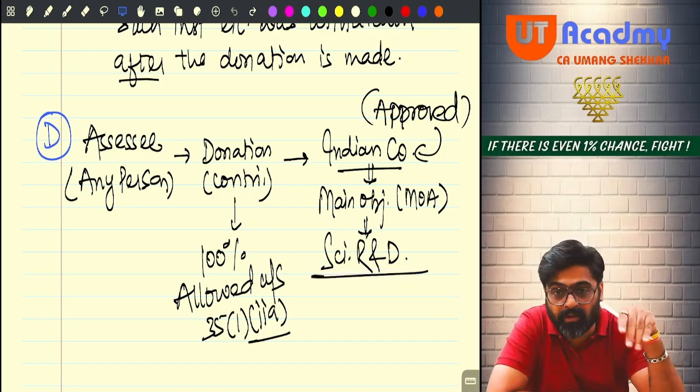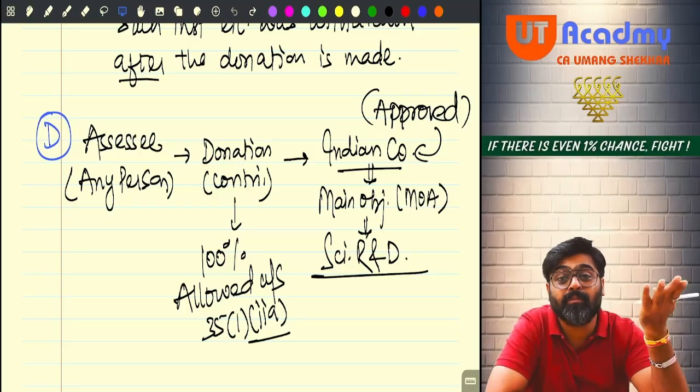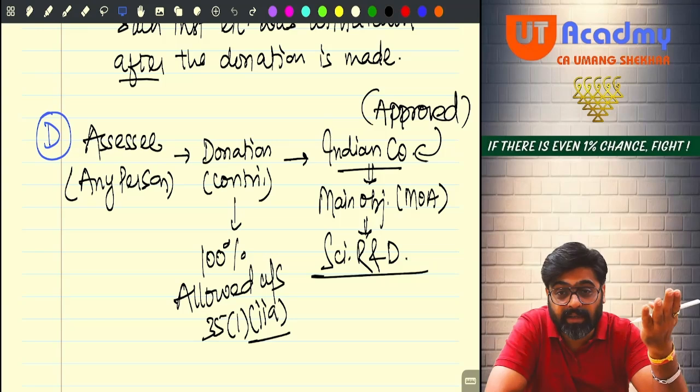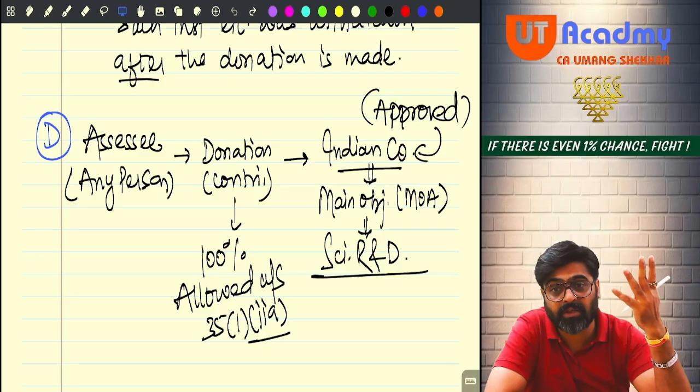The best example of this company is Bharat Biotech. What is the main business of that company? Conducting scientific research and development. Yes or no? There are many companies. You might have heard about Godrej Agrovet that conducts scientific research in the field of agriculture.